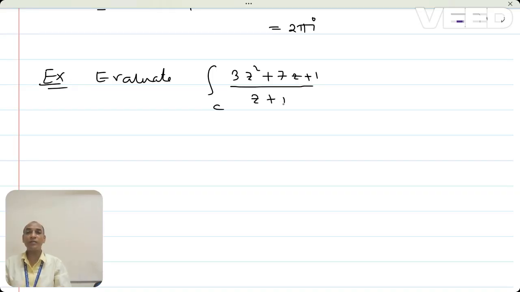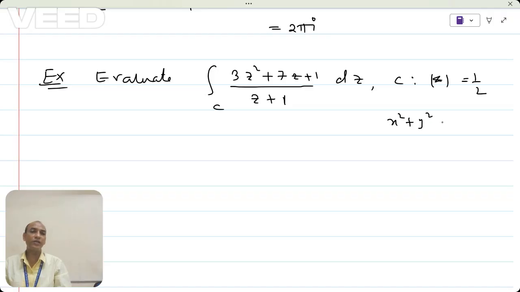Here I am not having z minus a, I am having z plus a. That means that one will be z minus of minus a, dz. And here what is my circle? My circle is mod z equal to half. Mod z equal to half means it is a circle with center at origin and the radius is half.